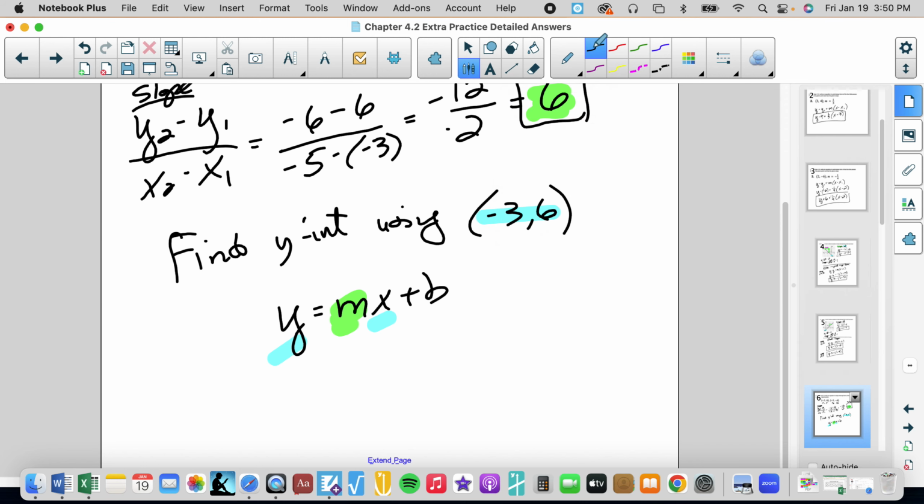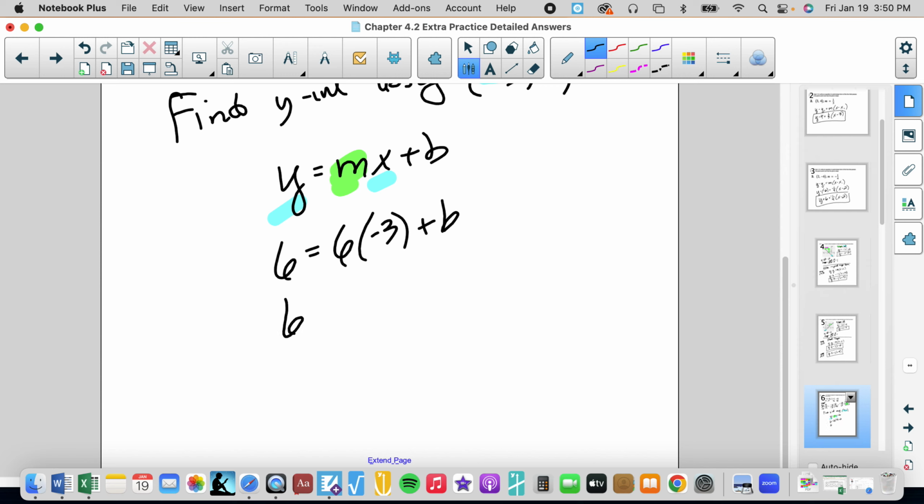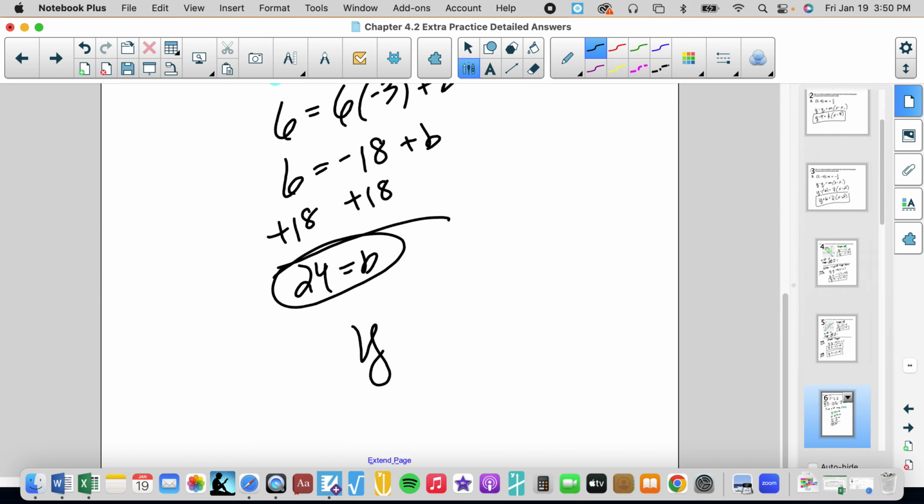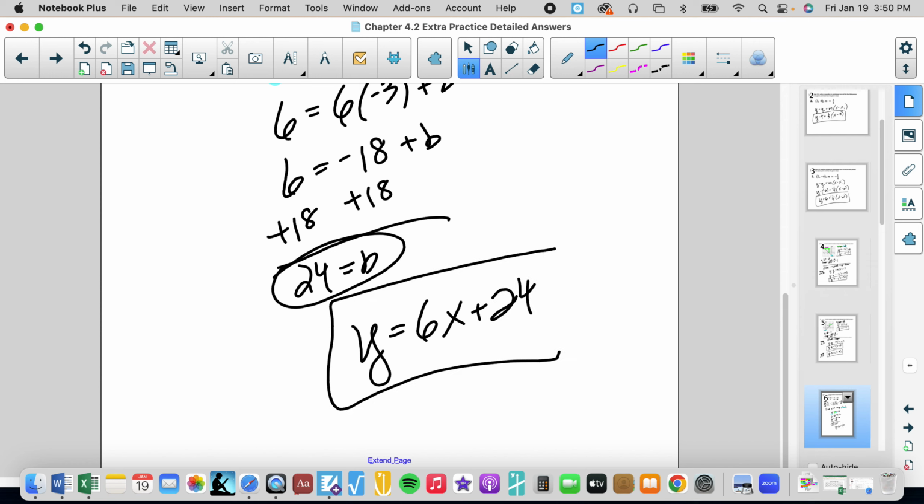So we'll substitute those values. My y value is 6, my slope is 6, times my x value, plus my b, which is what I'm looking for. So 6 equals negative 18 plus b. We're going to add 18, and we get 24 equals b. That's my y-intercept. So y equals 6x plus 24 would be in slope-intercept form.